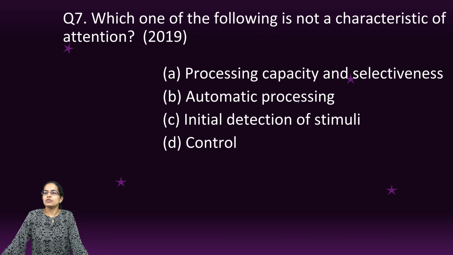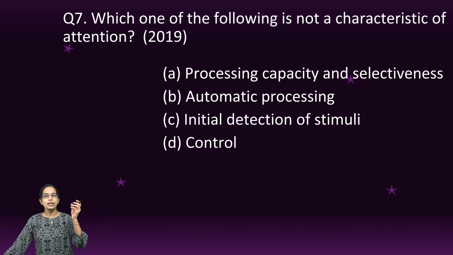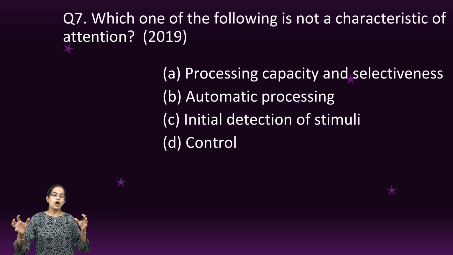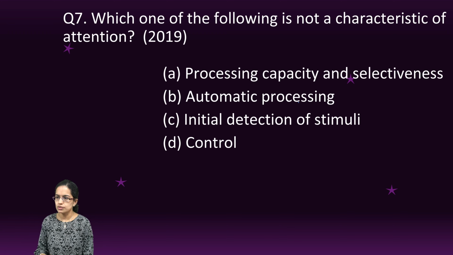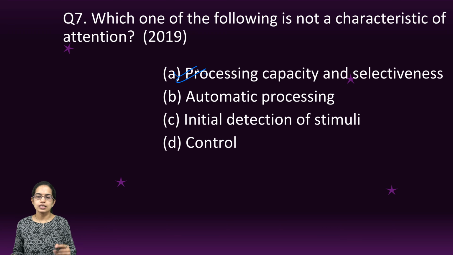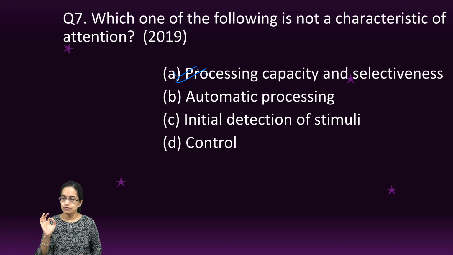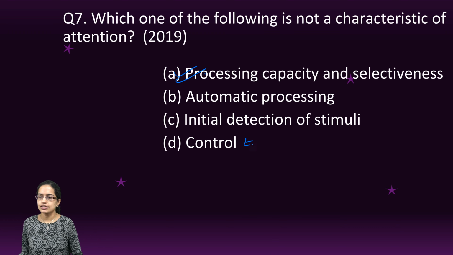The next is, which of the following is not a characteristic of attention? Now, when we talk about attention, it is a behavioral cognitive process of selectively concentrating on certain aspects of information. So, it is a kind of processing capacity and selectiveness, as we said. There is initial detection of the stimuli that takes place, and finally the control.